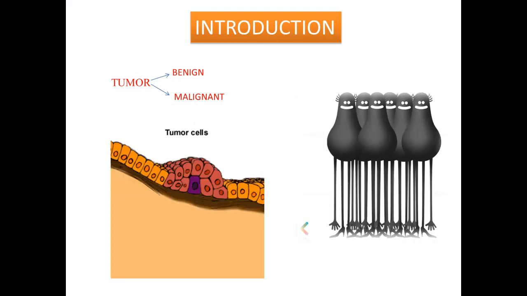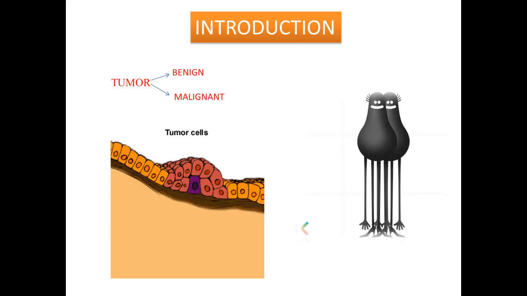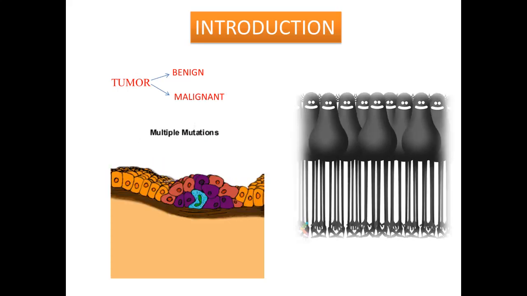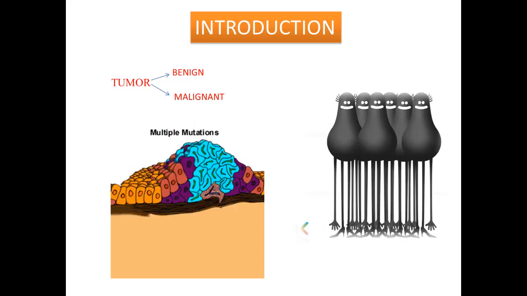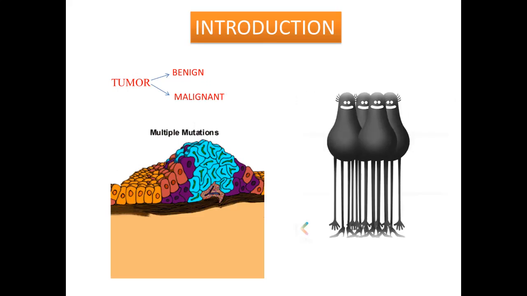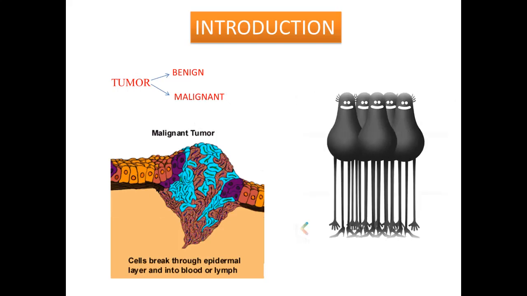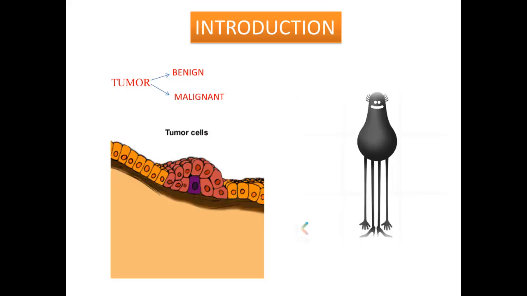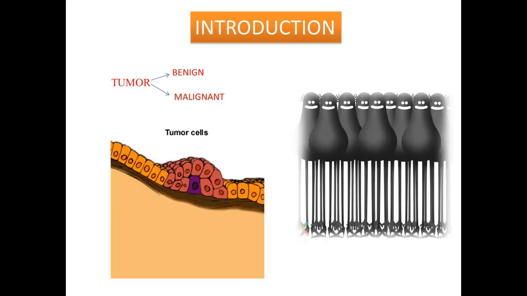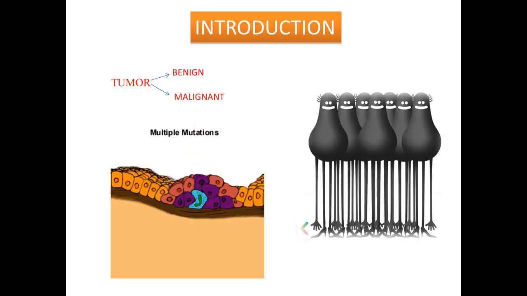In tumors, the cells first multiply themselves at a very high rate, rigorously, and bulge, which is usually called a tumor. A tumor is called a neoplasm.